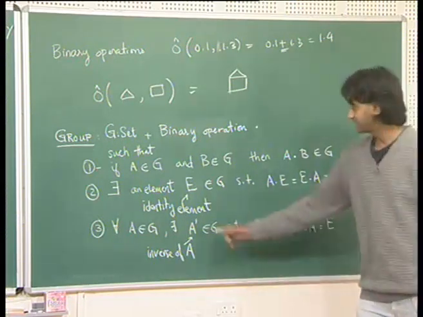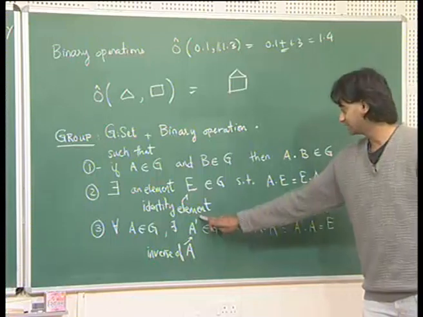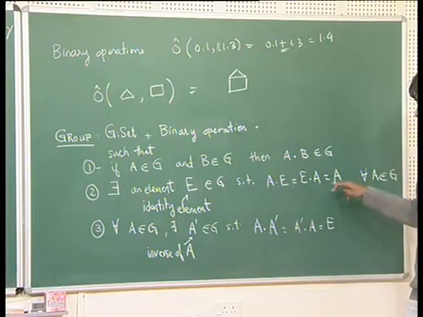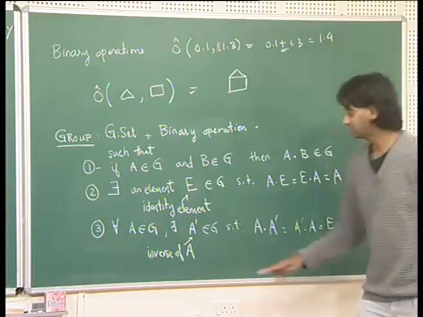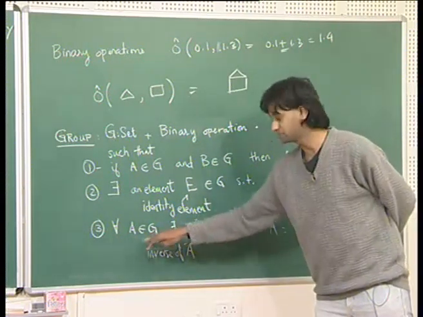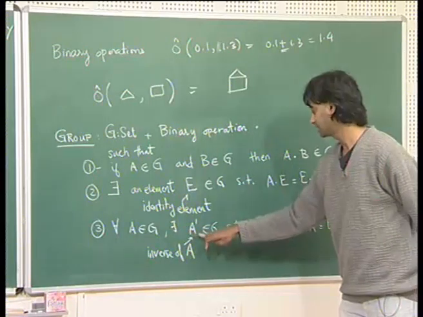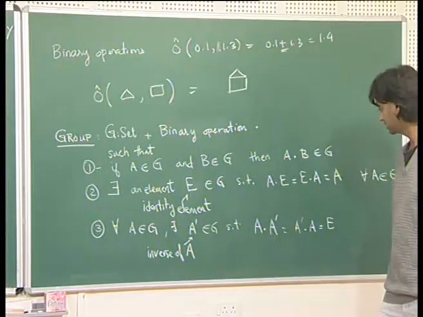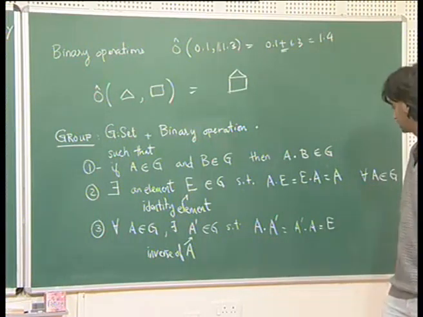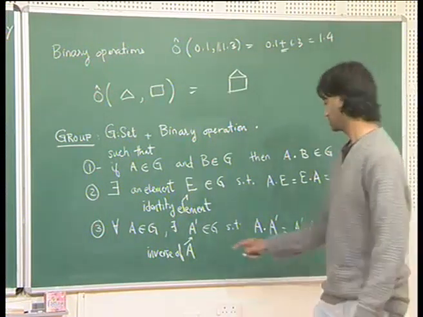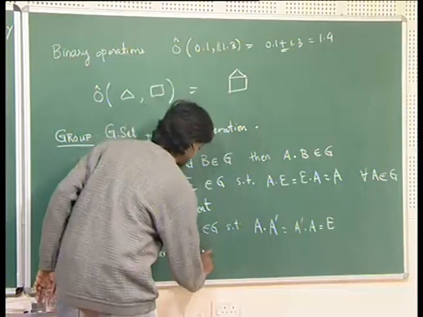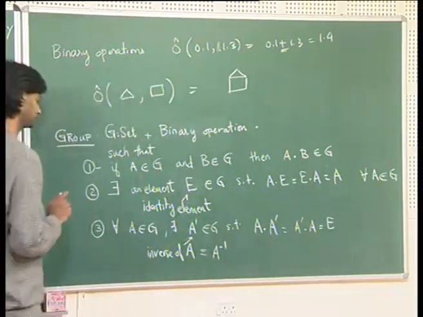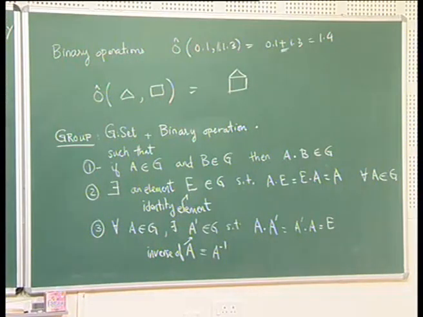Then there exists an element E, called the identity element, which is a member of G, such that A dot E equal to E dot A equal to A. And then for every element A in G, there exists an A prime, called the inverse of A, such that A dot A prime equal to A prime dot A equal to E. The inverse of A is denoted by A inverse.